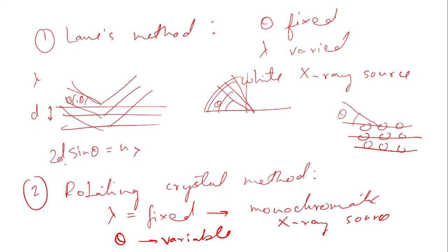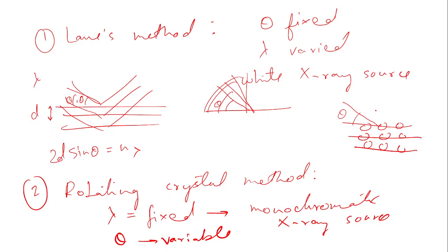Say it's an iron crystal or NaCl crystal, then d will be the same. So d is fixed, and externally we can only change the incidence angle and the wavelength of the X-ray source. These are the only two things we can play around with.